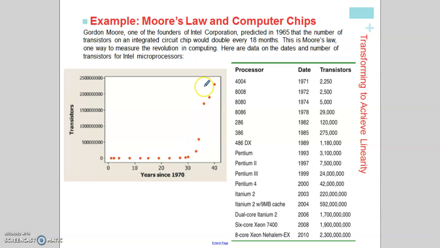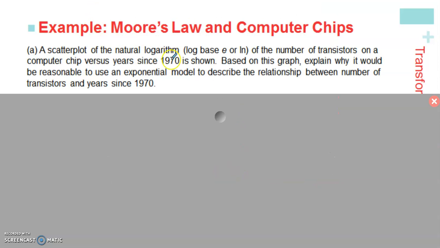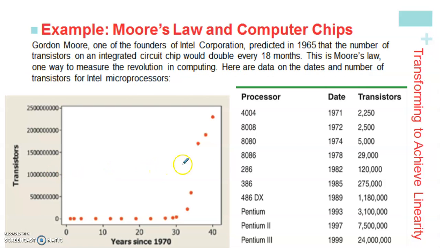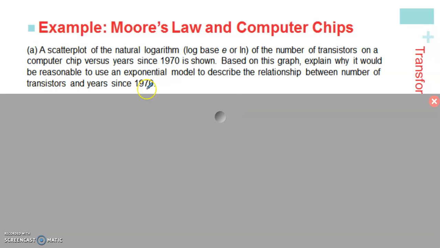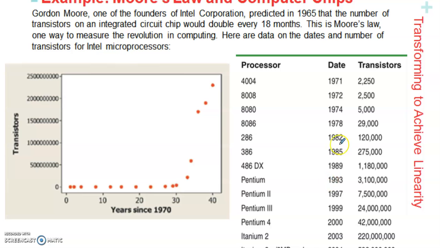And you can see this definitely curved relationship here. So, question A. Since this is a curved relationship, what we're going to do is look at a scatter plot of the natural logarithm, that is log base e, or ln, of the number of transistors on a computer chip compared to years. So basically, we're going to compare the year to the ln of this number.